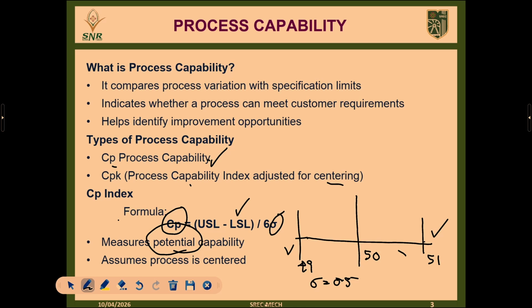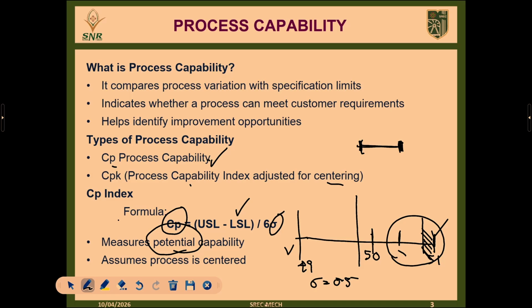So we should have the deviation from the central position. That is very important. For example, let us have, this is the width of the process capability. Let us say this is the variation. This variation may be located here, or the variation may be located here. Suppose if the variation is shifted here, there is a possibility for the out of specification product.